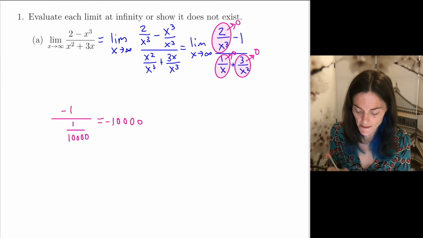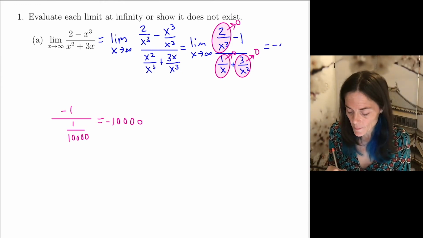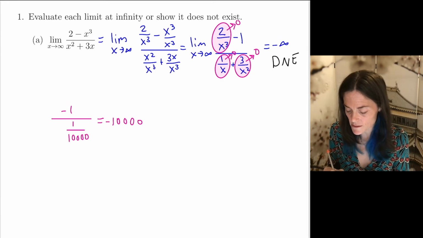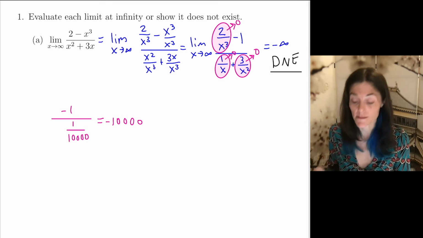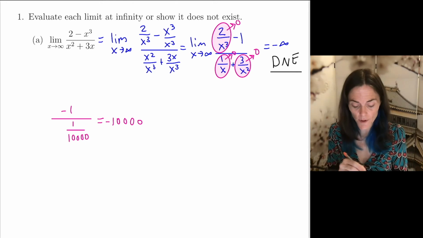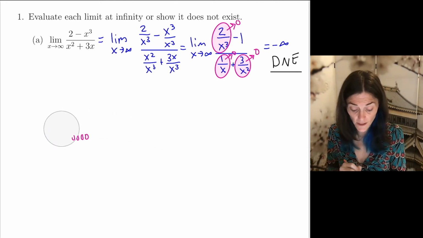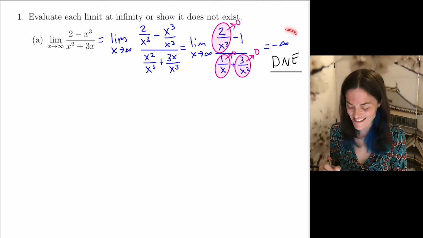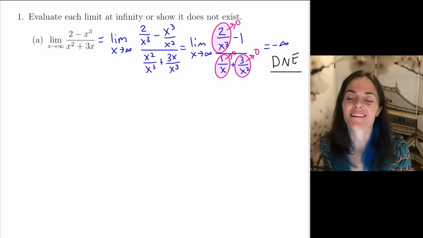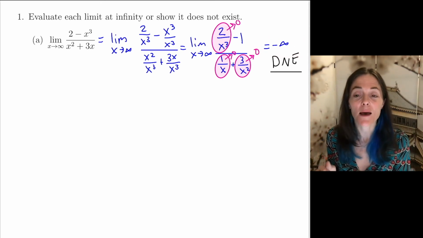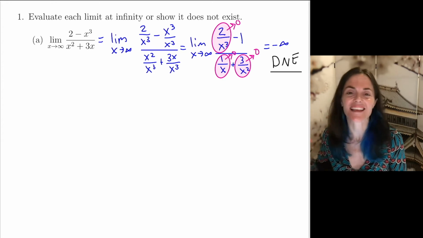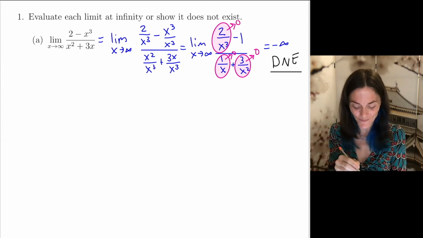So that is the answer here. But that does not exist. So this is a does not exist. For a limit to exist, it means it is a finite number. And to say a limit is minus infinity, as I first wrote in this example, it's just a way of saying the limit does not exist. But 1a does not exist as a finite number.